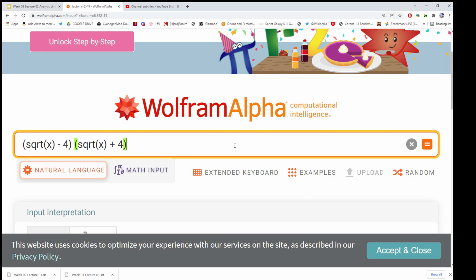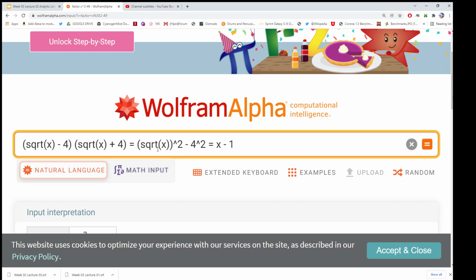If you do this, square root x minus 4 times square root x plus 4, you're going to get square root x squared minus 4 squared. So how does that look? Well, the square root of x squared is just x. And the 4 squared is just 16. Okay, so that's how conjugates work.